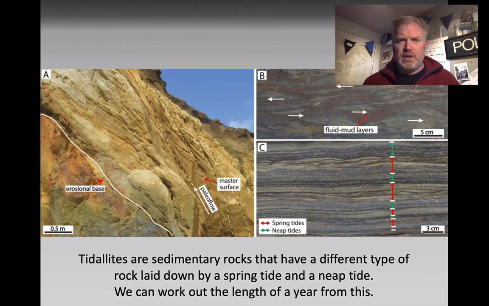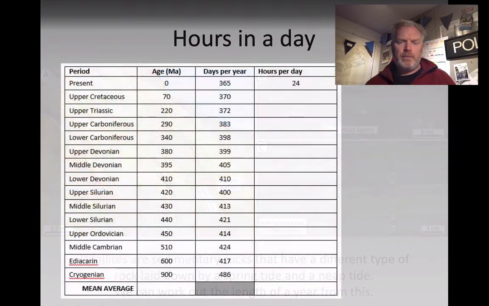Let's have a look at some data. This is the table you've got in your booklet. We can see that we've got different ages through geological time. We've been able to work out from the tidalites how many days there are per year. Now we're fairly confident that the length of the year in terms of hours that we measure now hasn't changed.